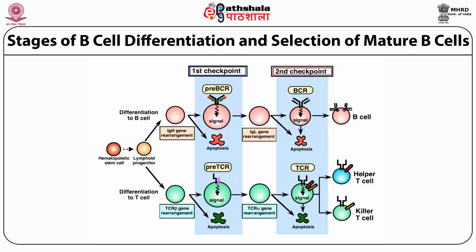I already told you that when the B cell becomes mature, it contains two important receptors: IgM and IgD, each containing heavy chain and light chain, and both contain identical antigen specificity.